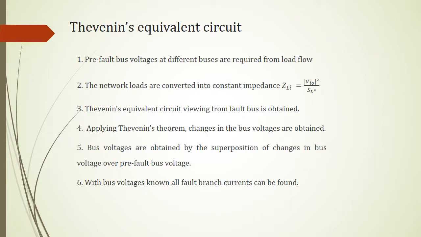First, we need to calculate the pre-fault bus voltages, and then we convert the network loads into constant impedance. After that, the Thevenin equivalent circuit from the fault bus is obtained using Thevenin's theorem.